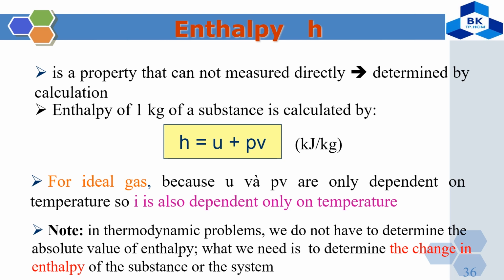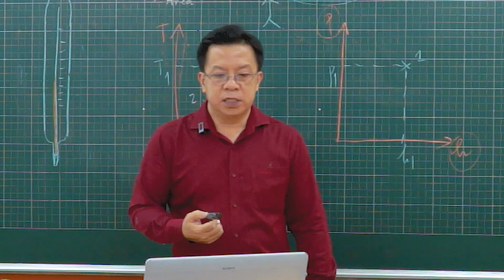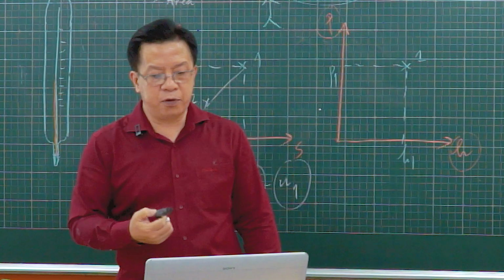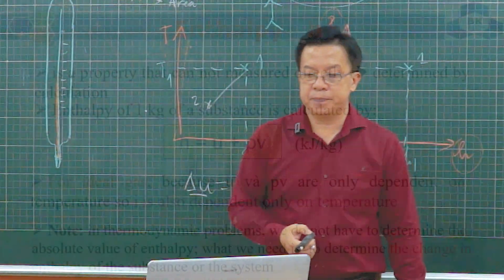So H here is calculated from 3 other independent properties, which are internal energy, the pressure, and the specific volume. And again, for the ideal gas, because the U and the PV only depend on the temperature, the enthalpy H also only depends on the temperature.